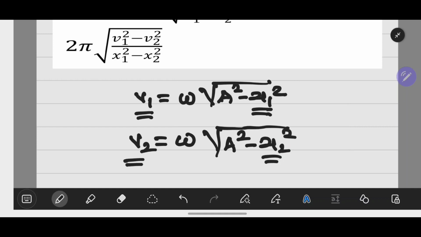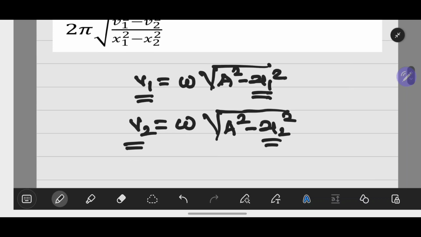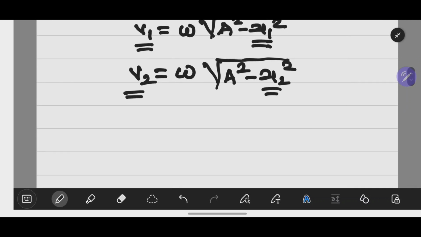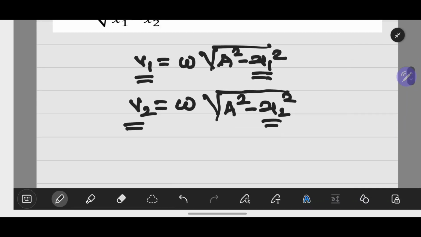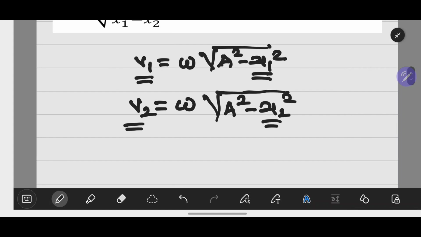So this is v1 and v2. These are the two equations, equation number 1 and equation number 2.